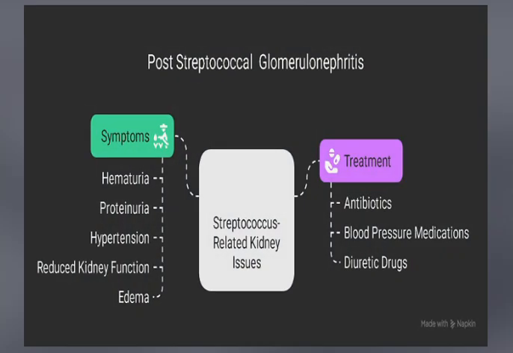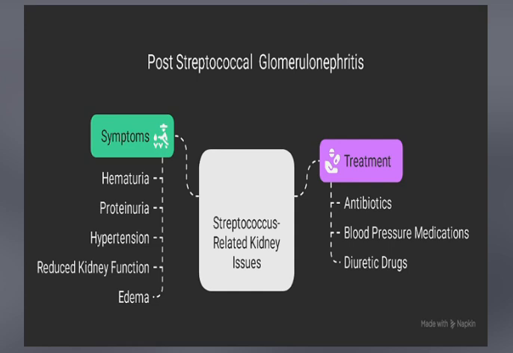Post-streptococcal glomerulonephritis is a kidney disorder that develops after a strep throat or skin infection caused by Streptococcus bacteria. It's characterized by inflammation of the glomeruli, the kidney's filtering units, leading to symptoms like blood and protein in the urine, swelling, and high blood pressure.